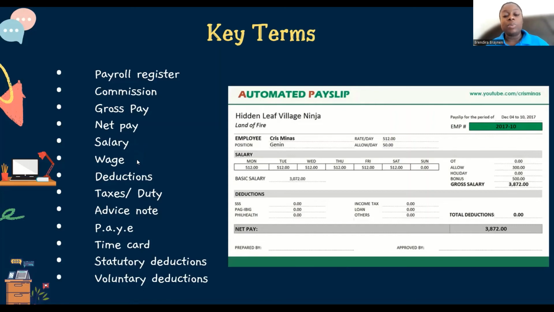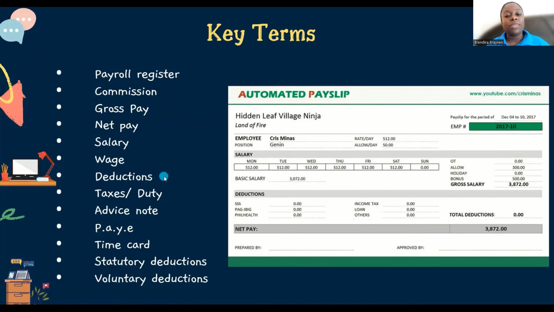Their pay is based on the number of hours that they work. So if they worked 8 hours, they get paid for 8 hours. If they work 4, they get paid for 4. Their pay changes based on the hours that they work, versus salaried workers. Their pay doesn't really change, unless they don't come to work at all, then it may change, but their pay tends to stay the same every pay period.